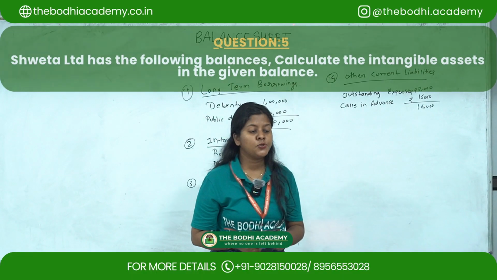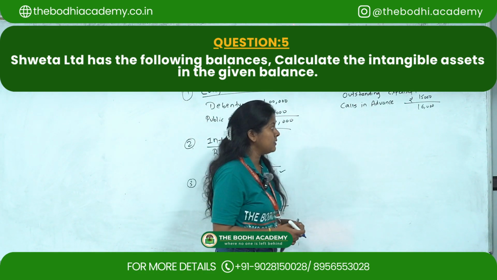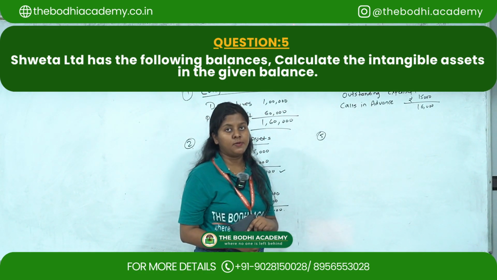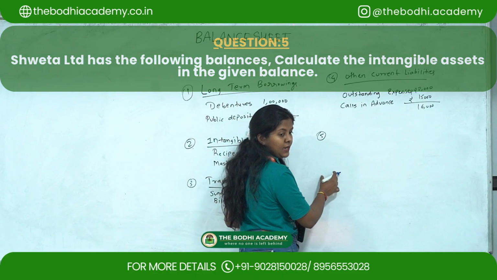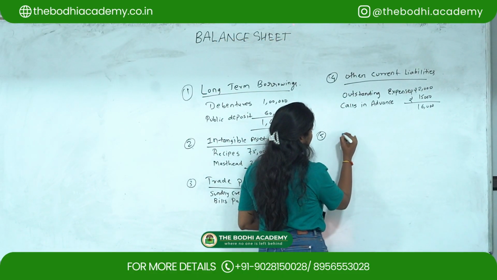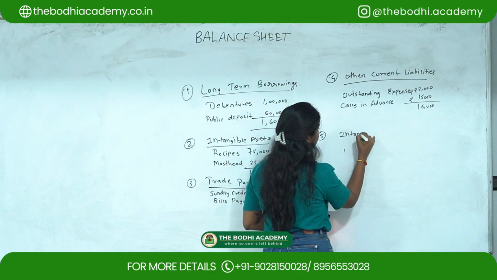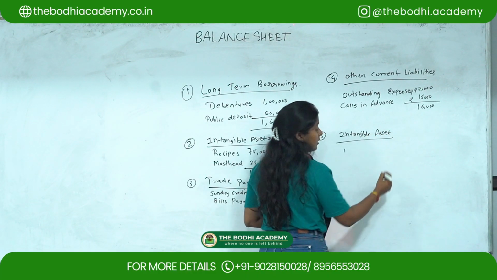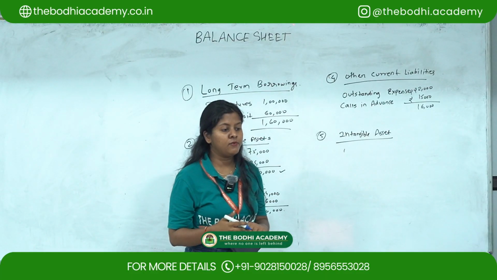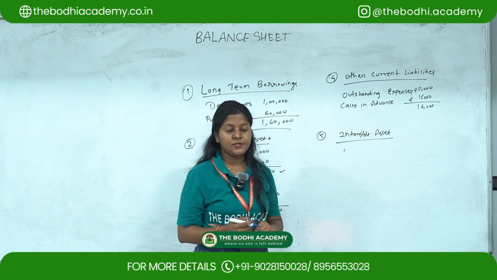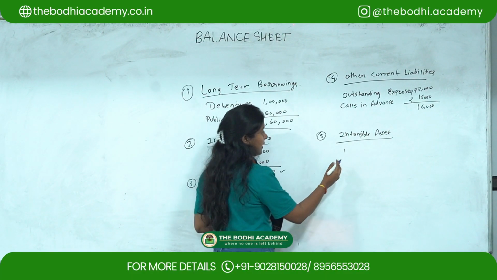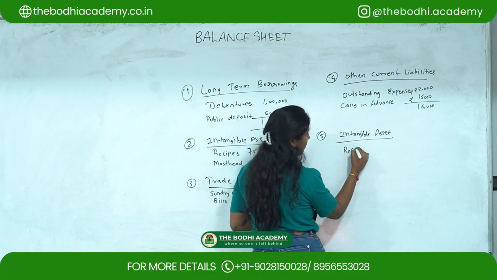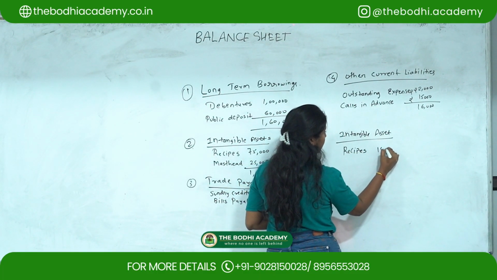Next, Shweta Limited has the following balances, and they have told us to calculate the intangible asset. So I am writing the heading intangible asset, and under that the items they have given are recipes for rupees 14,000. So recipes will come under intangible asset.